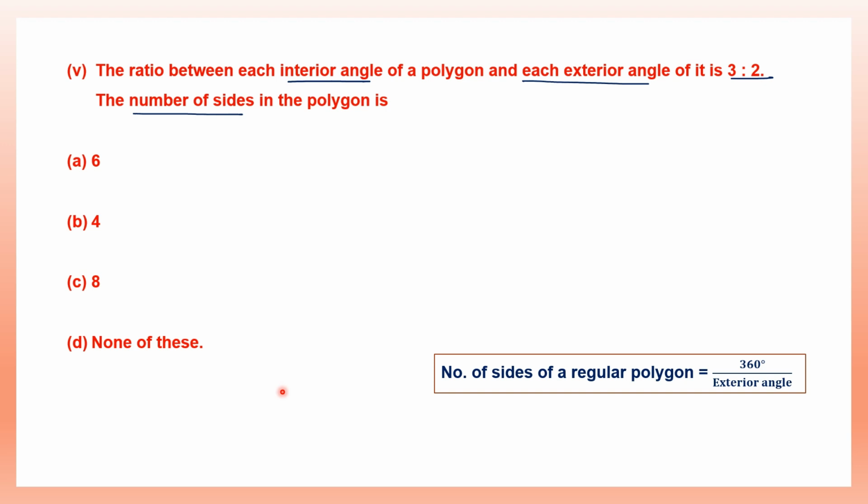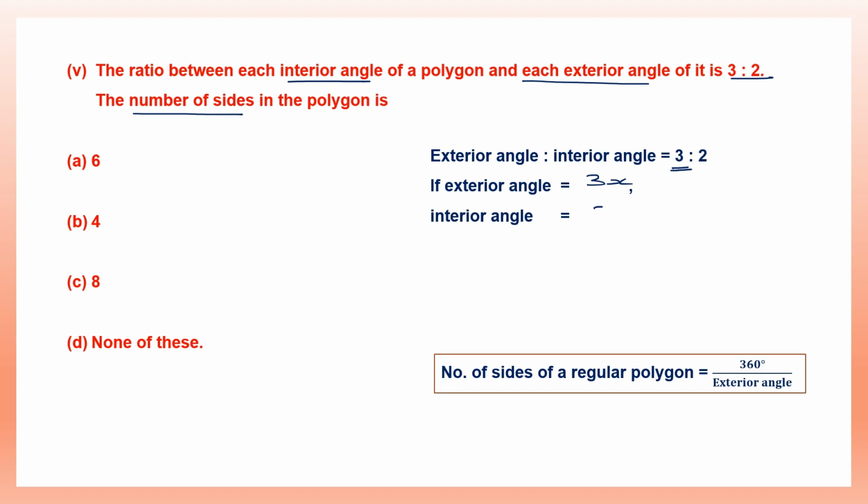Now what is given to us is exterior angle to interior angle is 3:2. This is already given to us. So if we take the exterior angle to be 3x based on this ratio, that means the interior angle will be 2x. So now we have exterior angle and the interior angle.